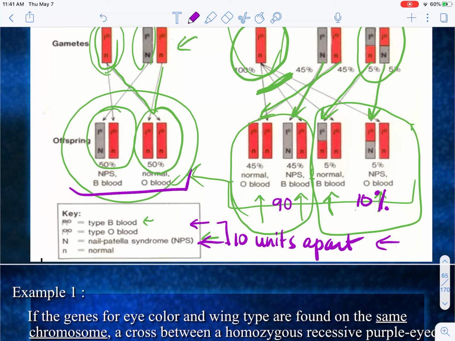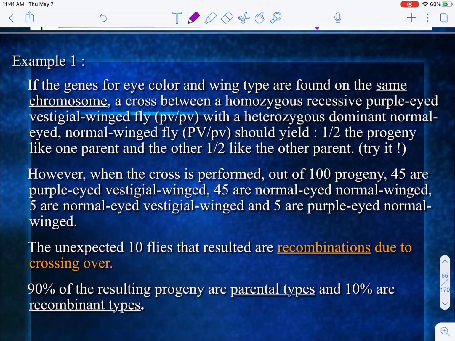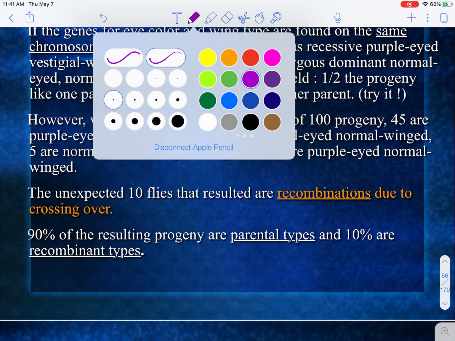Okay, so the percentage of times we get recombinations is what we will say is the distance they are on that chromosome, how many map units apart.